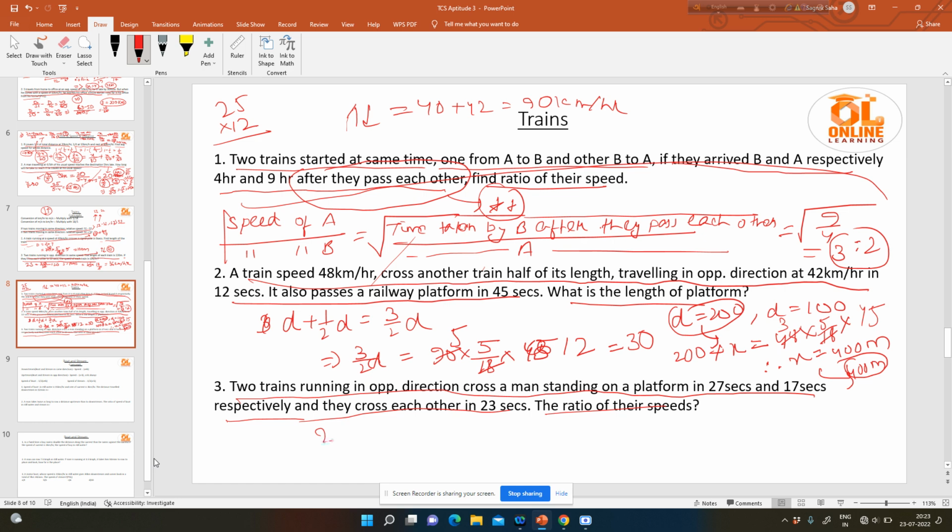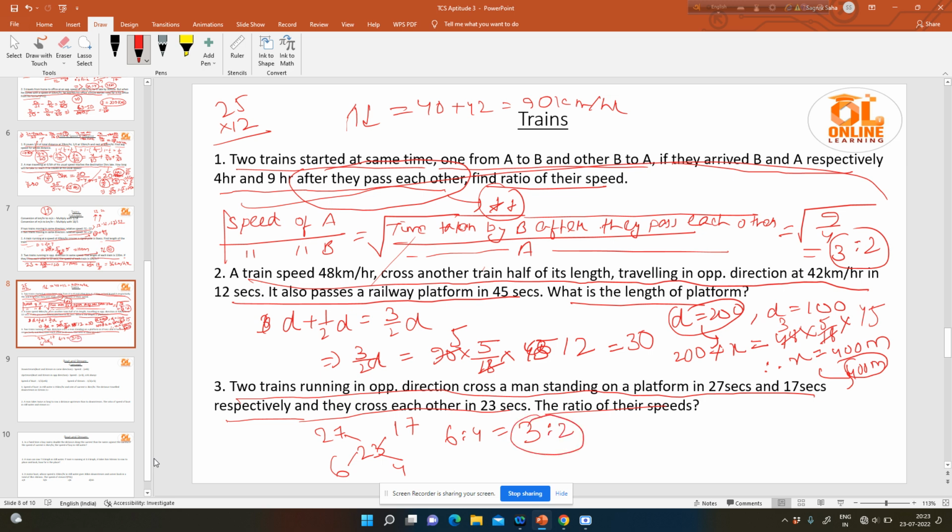How? Write first speed here 27, write other speed here 17, and between the speed in which they cross each other. Okay, and just subtract by neglecting the negative sign. So 27 minus 23 is 4, 17 minus 23 is 6. So 6 is to 4 would be the answer, or you can shorten it, that would be 3 is to 2. So directly you can get the answer.